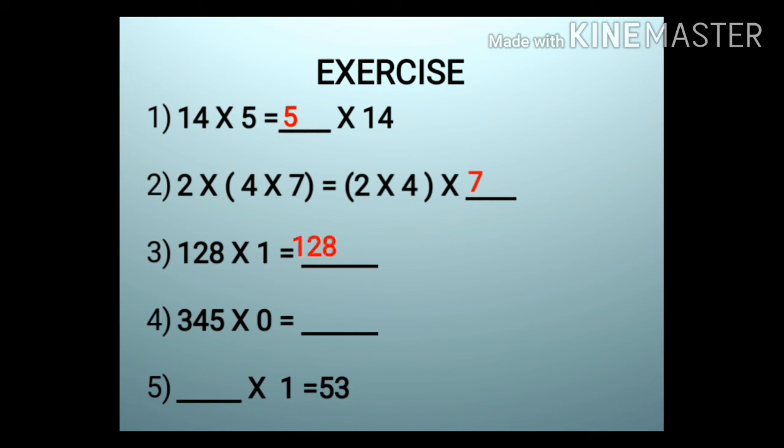Now 128 into 1 is equal to 128 itself. And 345 into 0 is equal to 0. Now the last problem, what will be the answer? You can see that the number is multiplied with 1 and you get the answer as 53. That means the number should be 53, isn't it?